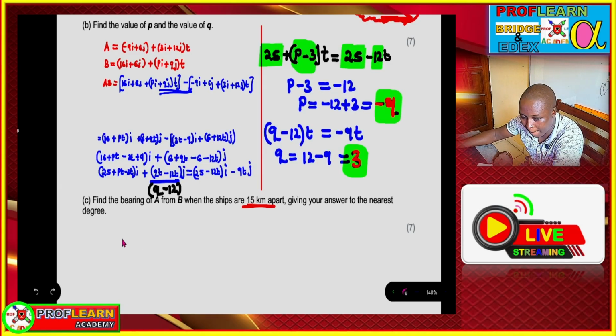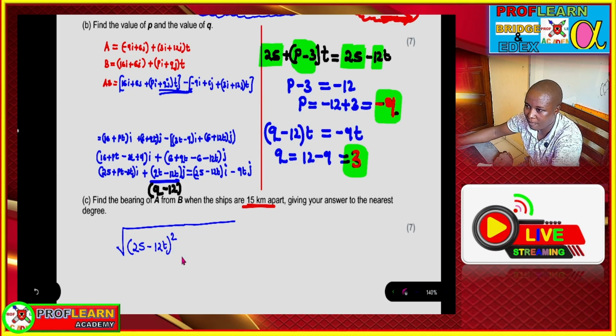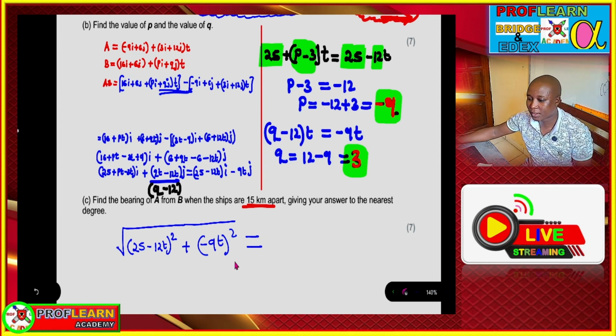So we shall say the square root of the magnitude of this: 25 minus 12t squared plus minus 9t also squared, is going to give us the displacement, which is 15.